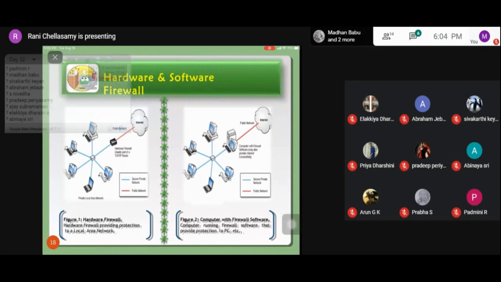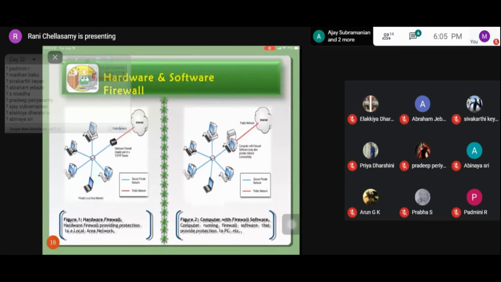Likewise, a software firewall also needs to be installed on your personal computer, so that the PC is protected from malicious users on the outside network, that is, the public network. See here, the blue lines represent the secure private network, and the red line represents the public network. The computer running the firewall software will provide protection to that particular personal computer.